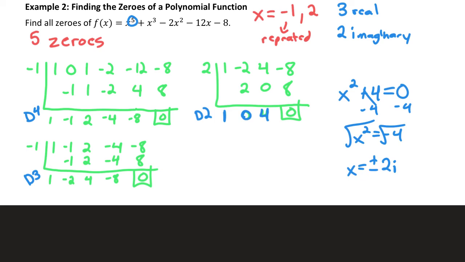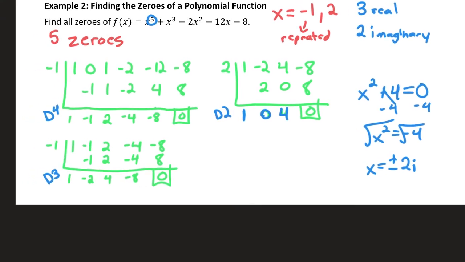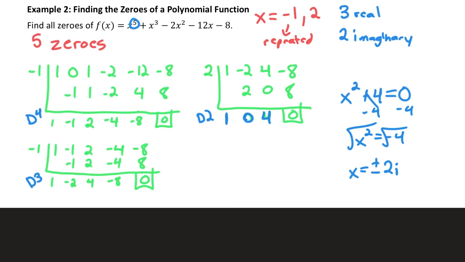Okay? So I am going to erase this part right here so I can write the rest of my solutions. Okay? So the rest of my solutions: I got my reals, I got my imaginaries, 2i and negative 2i.